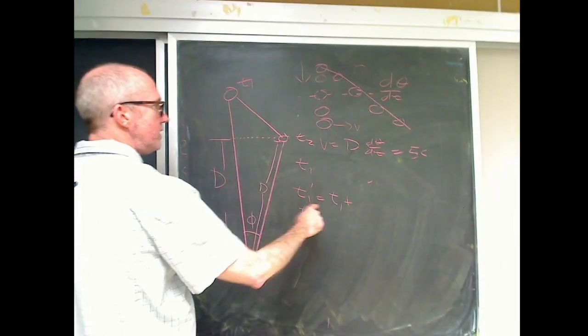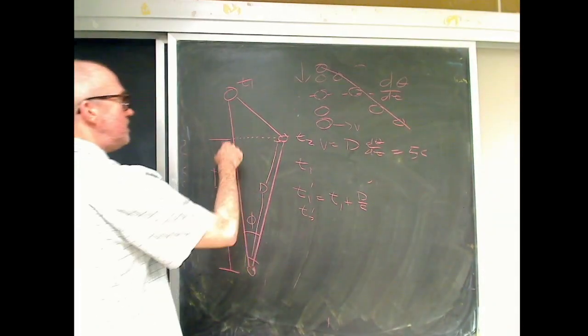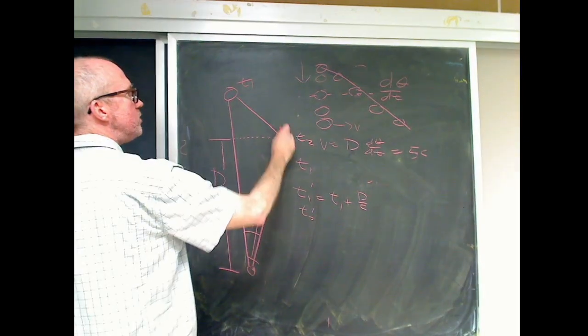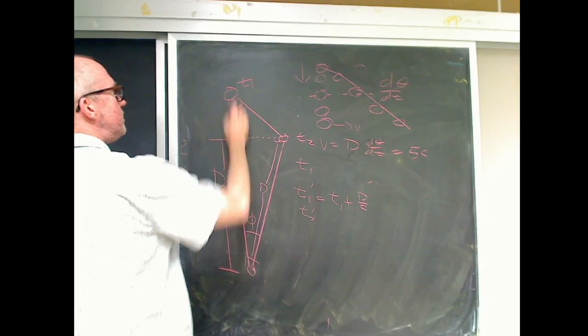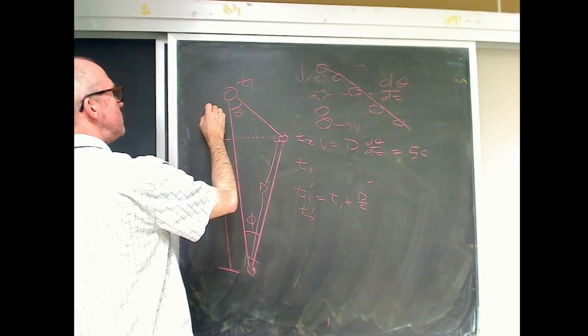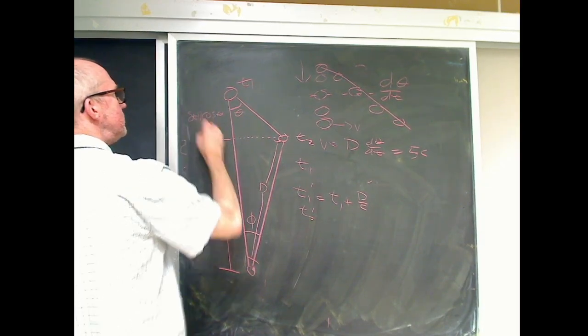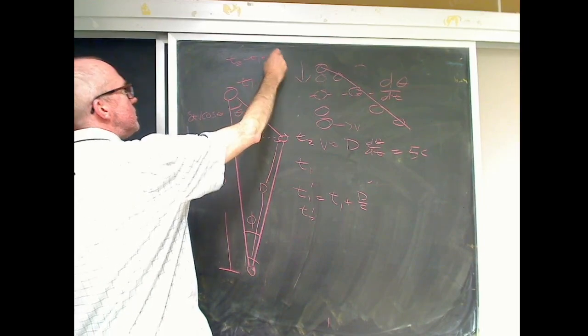So the first photon gets to me at T1 plus D over C plus, let's see, how much is this? This object is moving at a velocity v, at an angle theta. This distance is v cosine theta times delta t. T2 minus T1 is delta t.